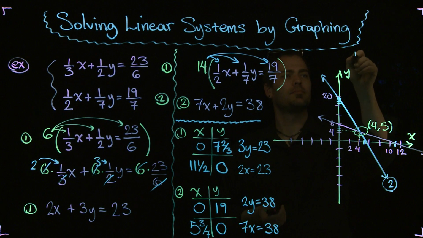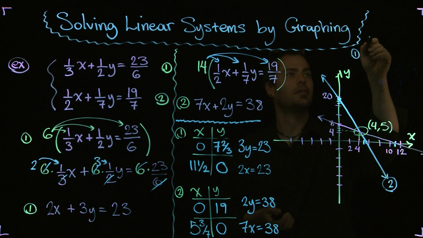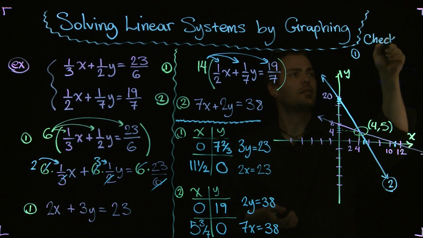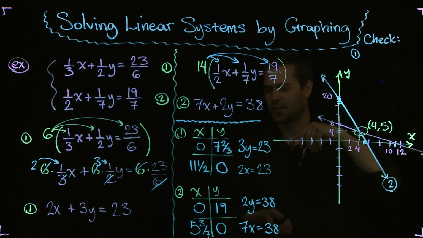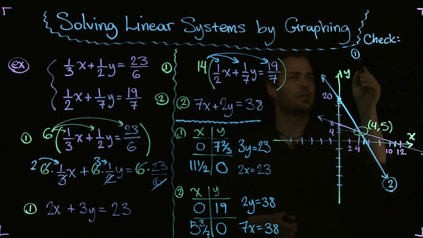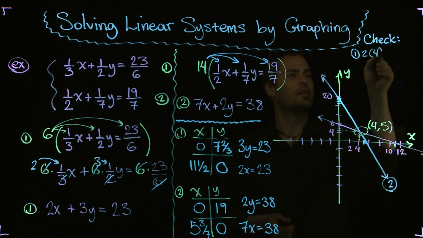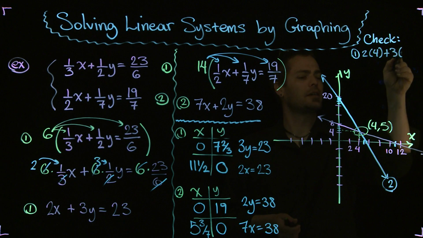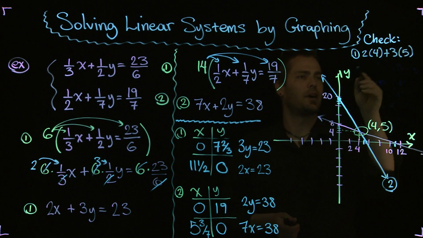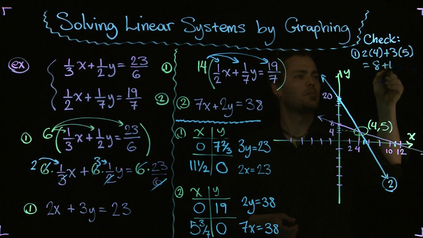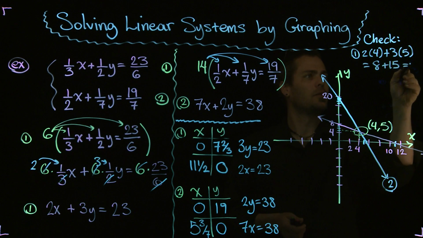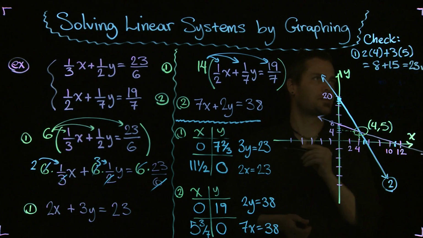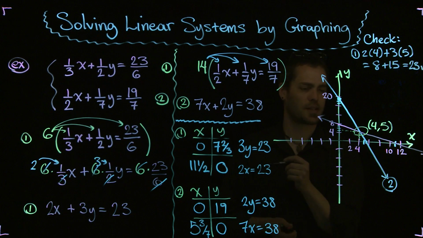Equation number 1, here's my check, was 2x plus 3y, and that should come out to 23. So I'm just going to say 2 times 4 plus 3 times 5. So this comes out to 8 plus 15, which indeed does come out to 23. So that one's okay. That one checks out.